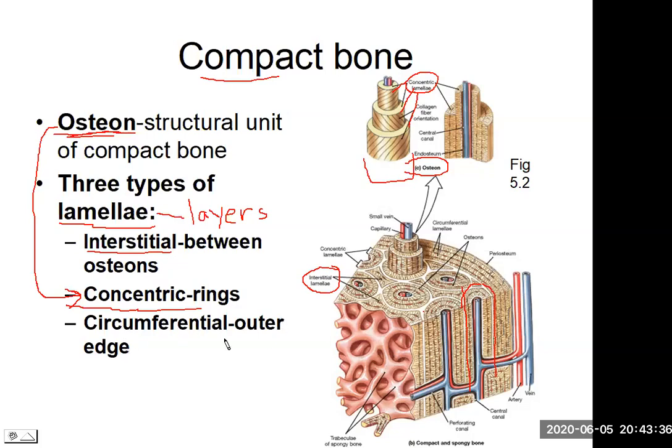And then lastly, at the superficial surface of the compact bone, that's where we find the circumferential lamellae. So it's truly all three types of lamellae ultimately to form compact bone. The most common, the principal one, of course, the concentric lamellae that build the osteons.